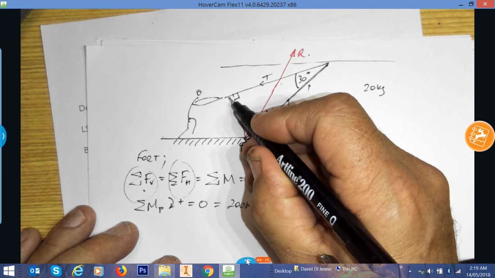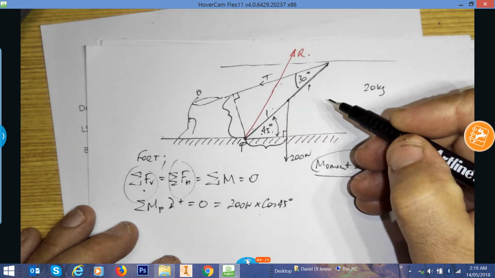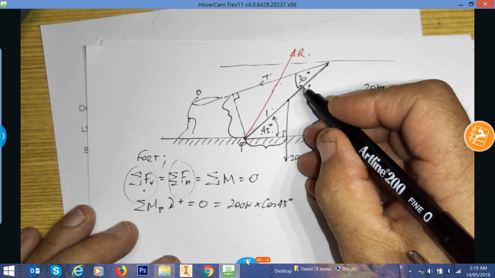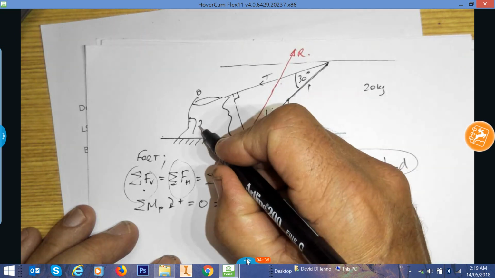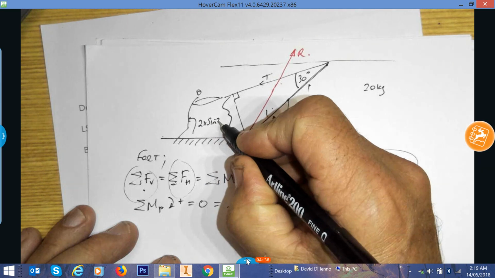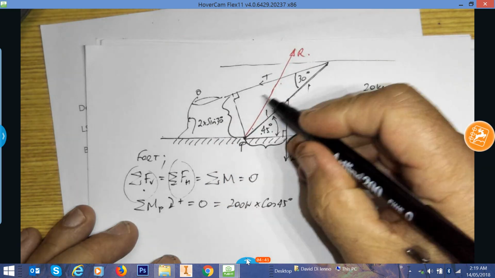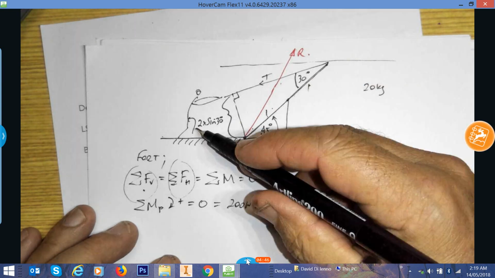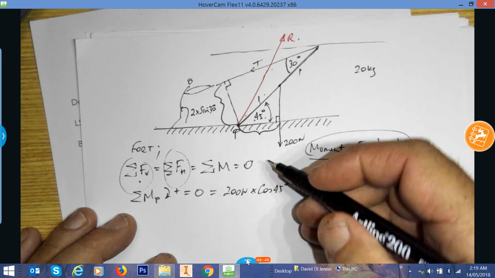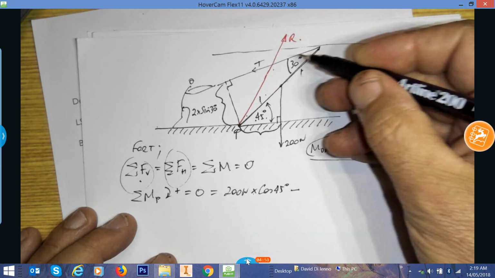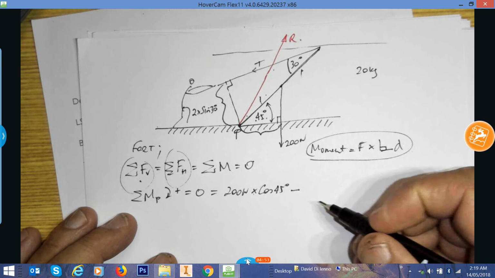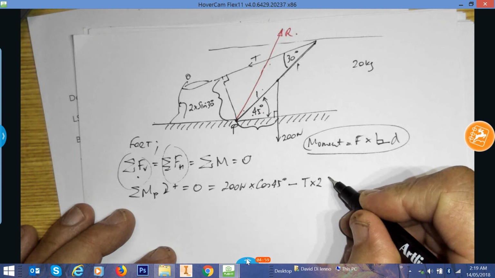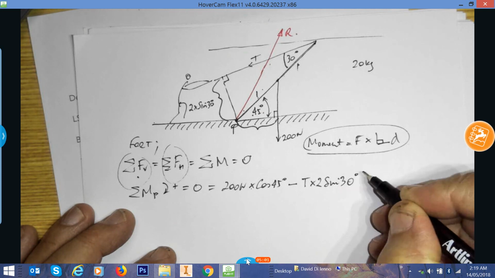So this distance here is going to be, you guessed it, 2 sine 30 degrees. And that's because sine of 30 degrees is this distance over 2, and multiplied out, you get 2 sine 30 degrees. So the tensile force is going to be negative because it's going in an anti-clockwise direction. So it's negative T times 2 sine 30 degrees.